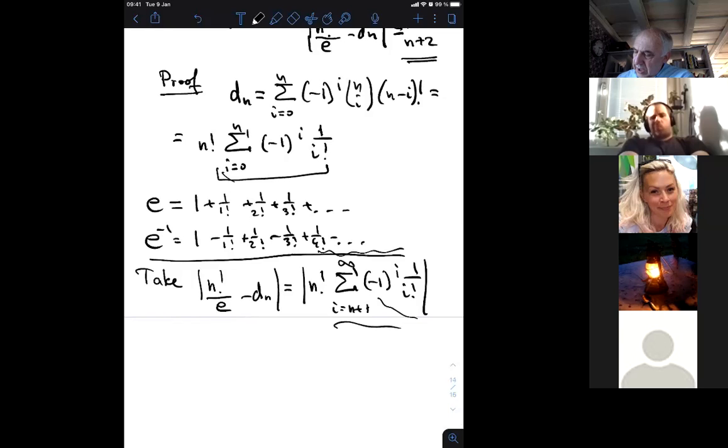So we can estimate it by just taking the first two terms, which will give us: the first term would be n factorial divided by (n plus 1) factorial, which gives us 1 over n plus 1. And the second term would be n factorial divided by (n plus 2) factorial, but with a minus sign. And this difference is exactly 1 over n plus 2.